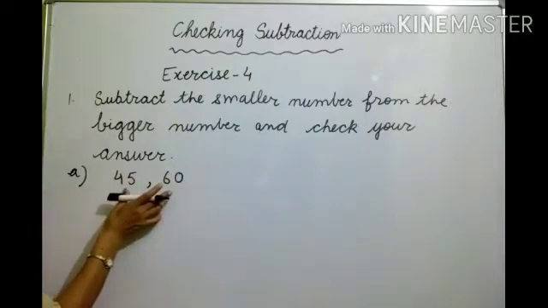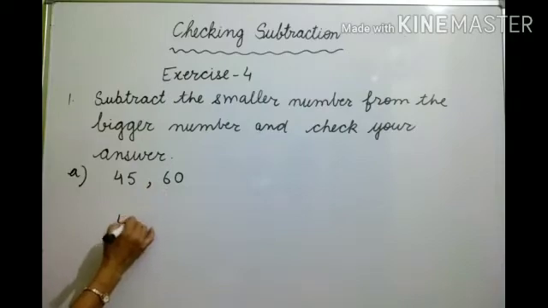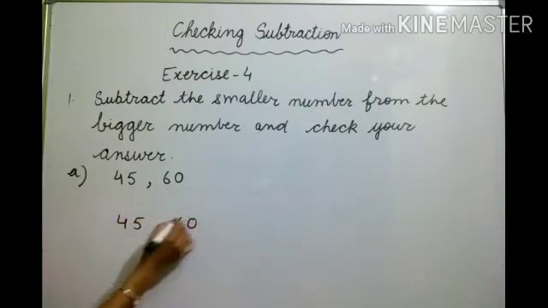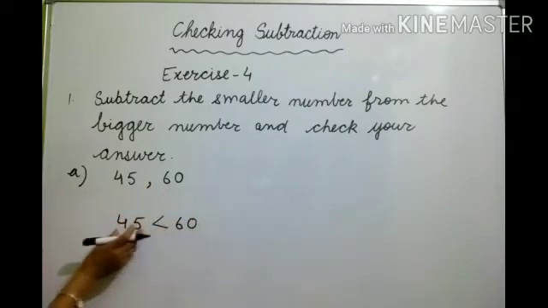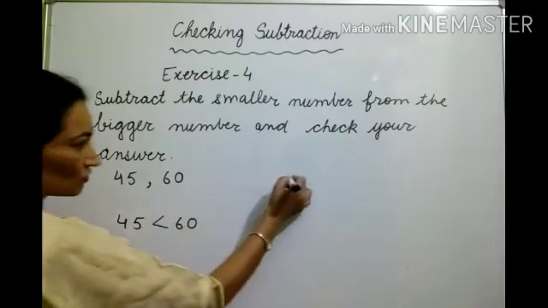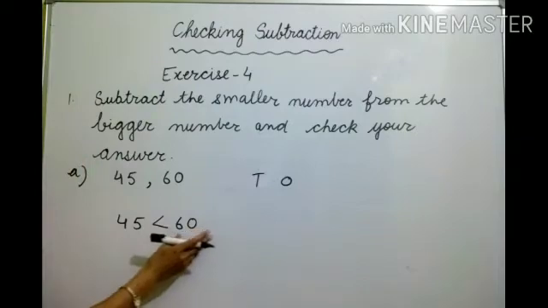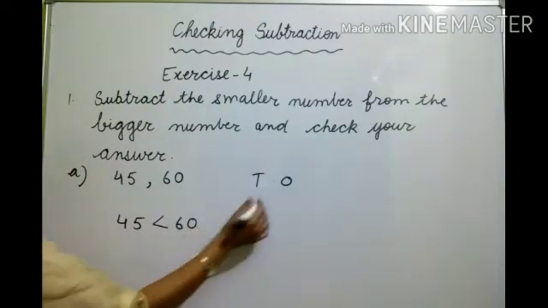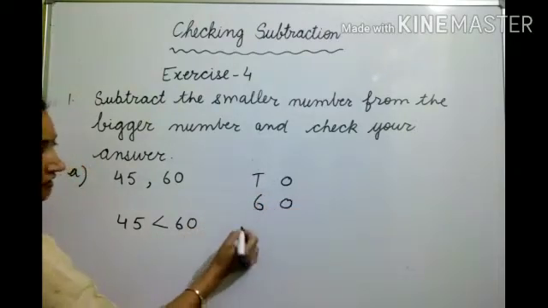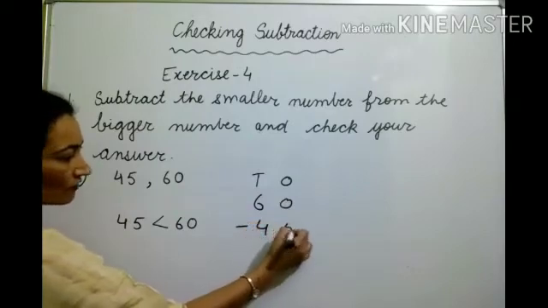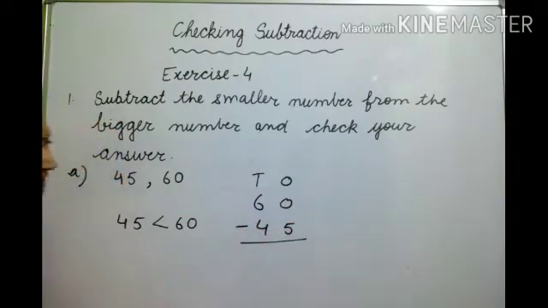First we see which number is greater. As 60 is greater than 45, the greater, bigger number we will write up and the smaller we will write down.